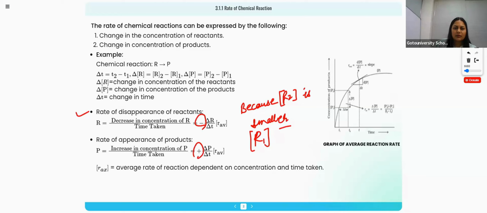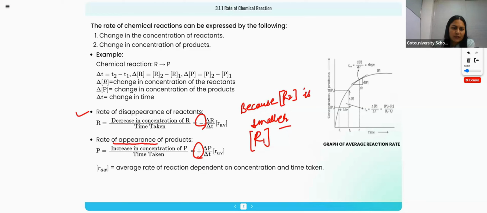And why is the product concentration change always positive? Because the product concentration is always increasing. Initially the product was at 0, and after some time, with the reactants undergoing chemical reaction, the products start forming.